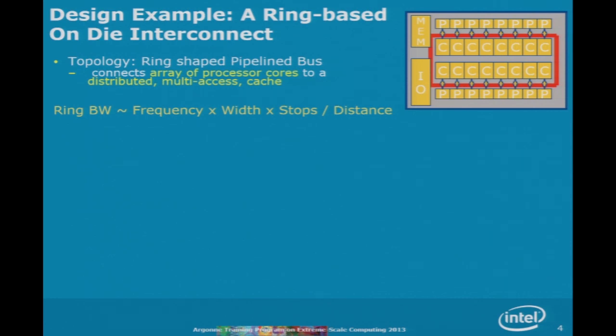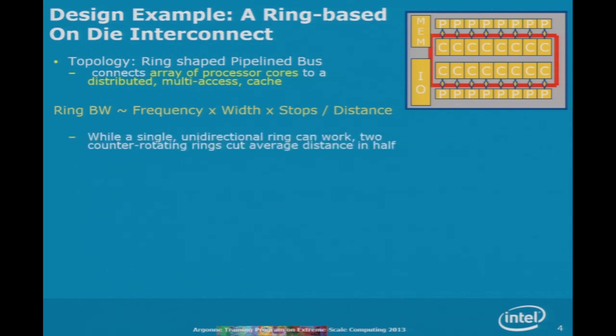That's a little fallacious, but I'll show you in a second. Of course, the more stops you have, the longer you may have to go, and that increases your occupancy, and that basically reduces your bandwidth. So this is basically the frequency divided by the average distance a packet has to travel on the ring.